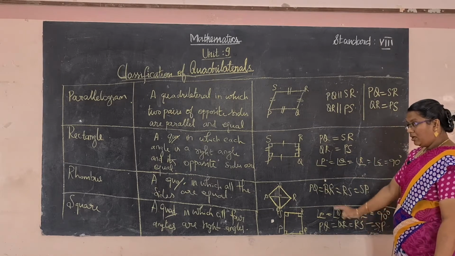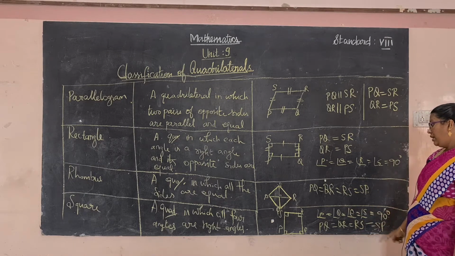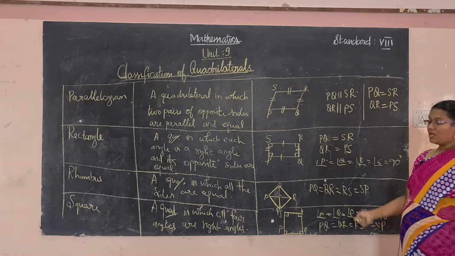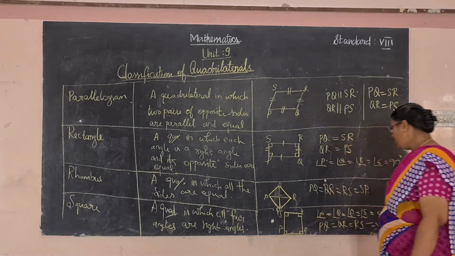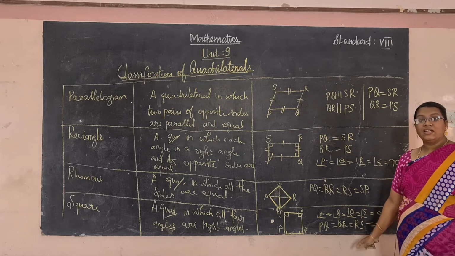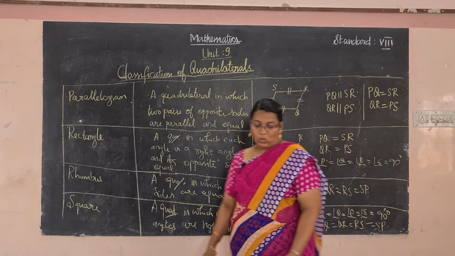And then square, all four angles are right angles, 90 degrees each, and all the sides are equal.